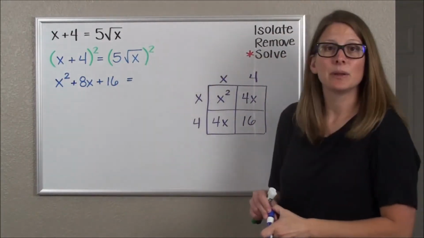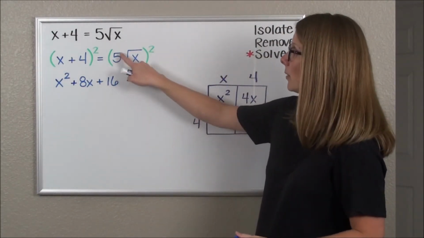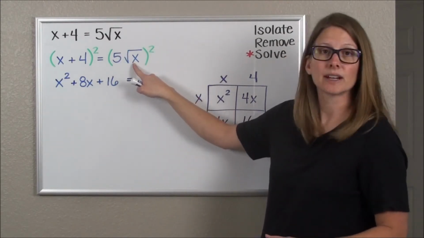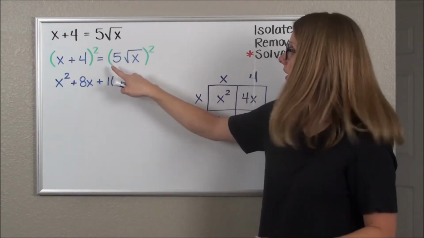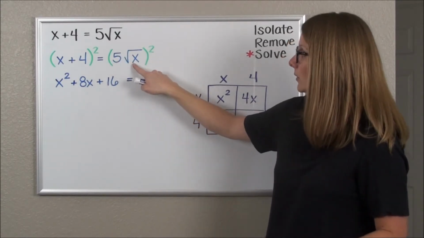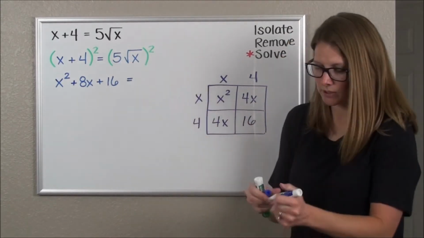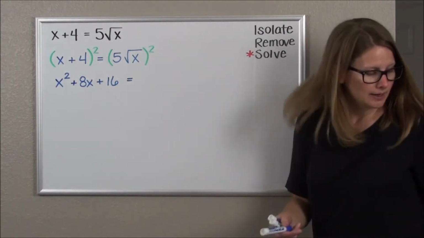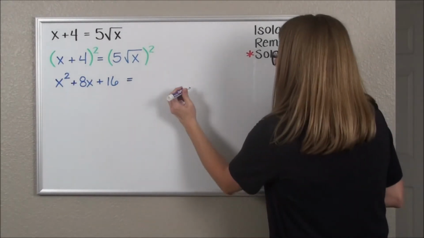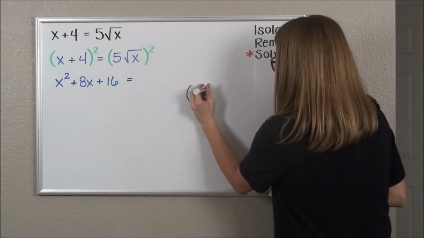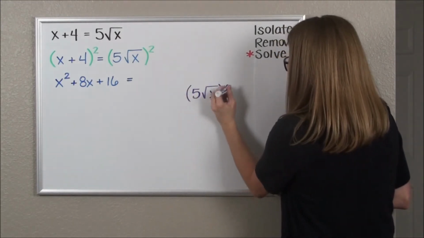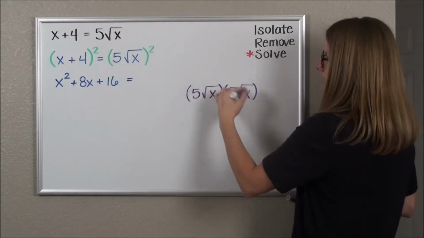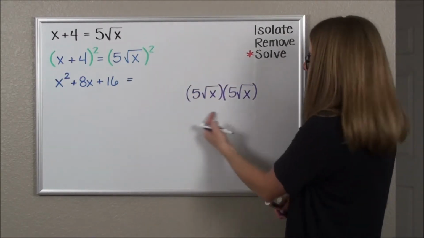Now on the right side, be very careful. This is not 5 plus the square root of x, nor is it 5 minus the square root of x. There is no foiling happening here. When I take 5 square root of x and square it, what I'm doing there is I am taking 5 square root of x times 5 square root of x. There is no distribution because there's no addition or subtraction happening.